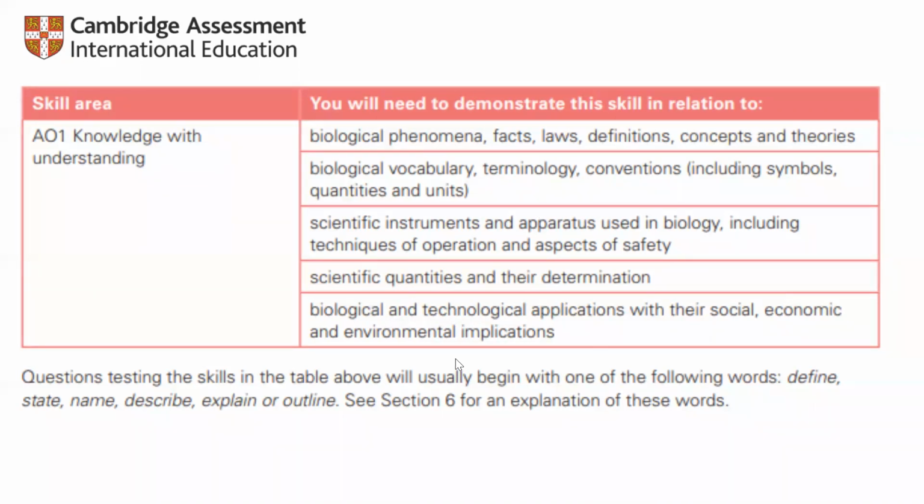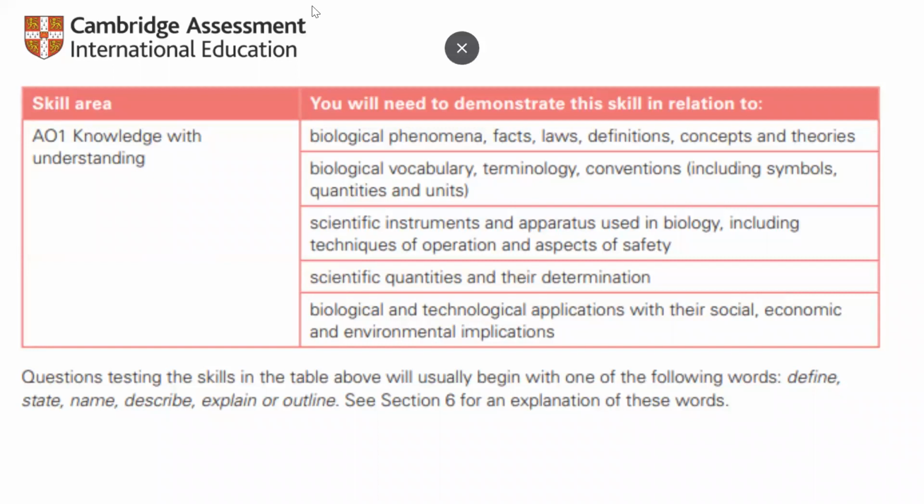At the bottom of this table, you can see some command words written. Questions testing skills in the table above will usually begin with one of the following words: define, state, name, describe, explain, or outline. Go ahead and share with me in the chat, what do you understand by command words?